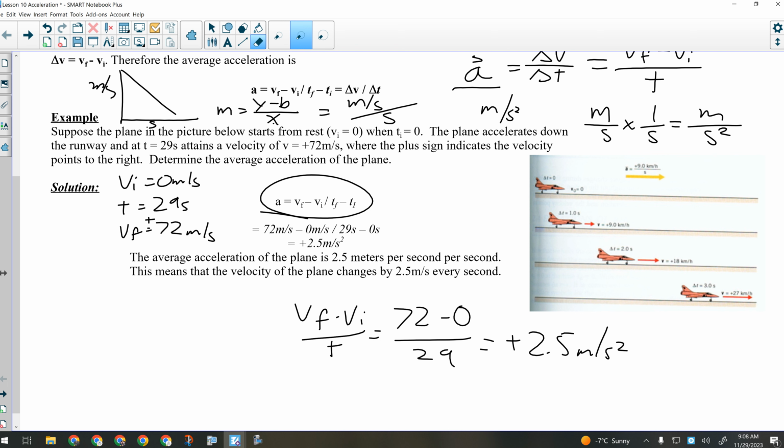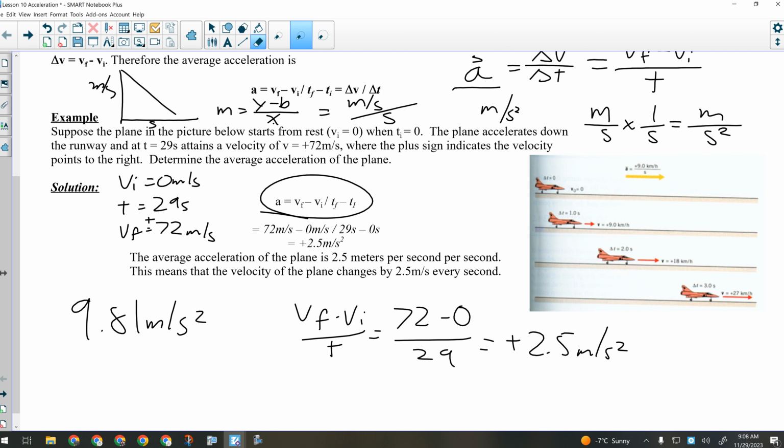Does that seem fast? It's actually not very fast. If something falls, it accelerates at this rate. So if you were in that plane, you would feel the seat pushing on you with a force of about 1/4 of your weight.